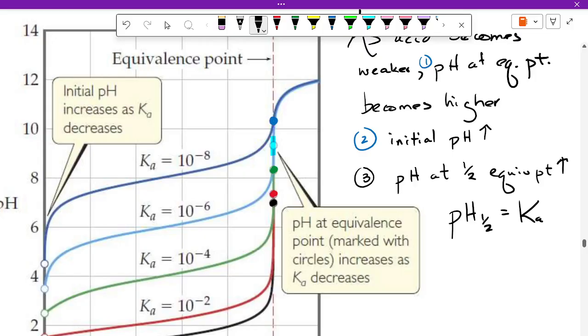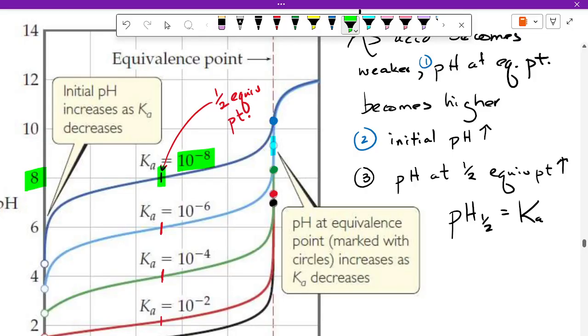So you can see here, the half equivalence point would be here and here and here and here. And you can see for the one where the Ka is 10 to the negative 8, the half equivalence point is at pH 8. Yes?